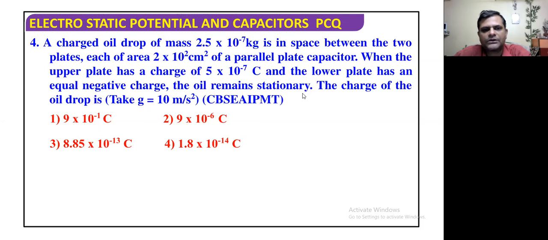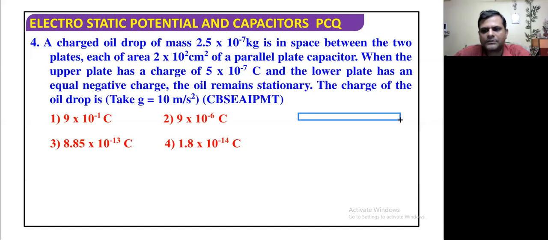The charge of oil drop is, so see here, there is a simple situation in which suppose this is the upper plate and this is suppose the lower plate, and suppose that there is an oil drop which is suspended in between these two plates like this here. So this oil drop will just experience two forces, one due to the gravity which is going to be there in the downward direction, we can just call it as mg.